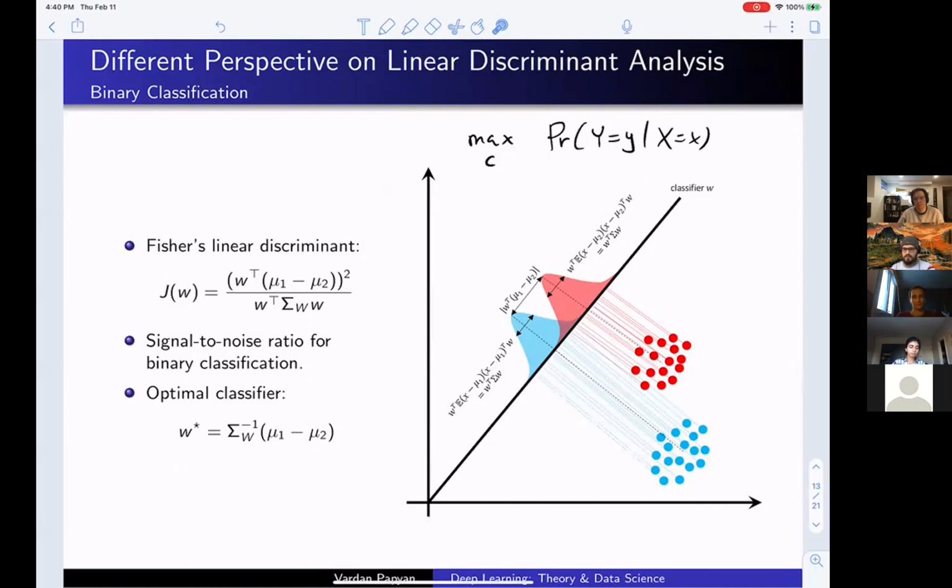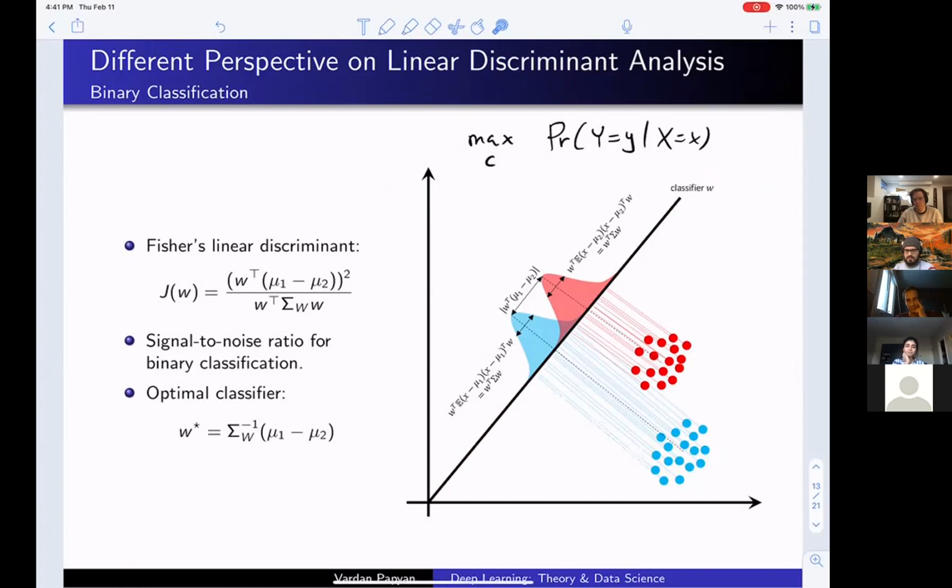Imagine that you have two Gaussian distributions, and imagine I ask you to find a classifier that would classify them well. How would you choose a good classifier? You could think about what would happen if I chose a certain classifier W. This is an example of a classifier you could choose.